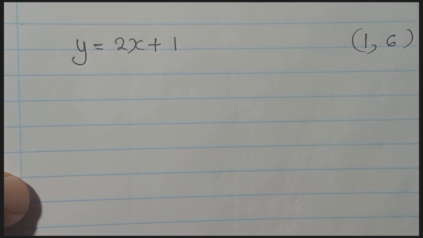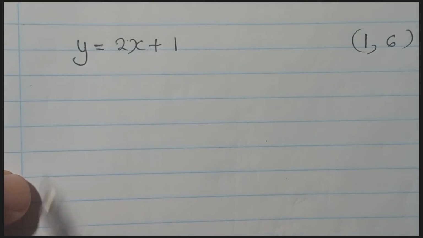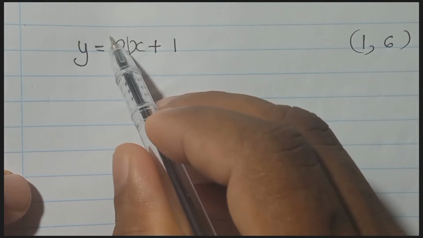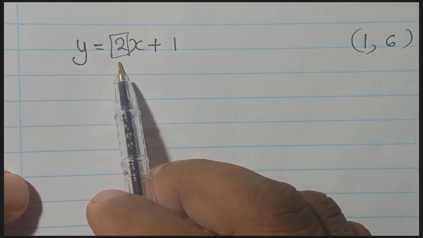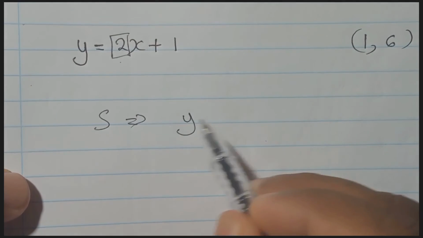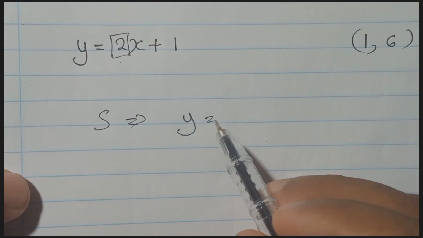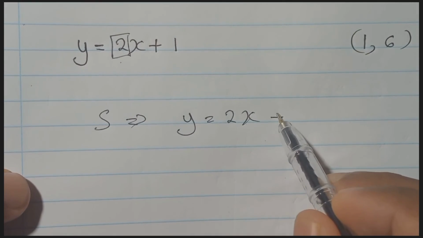Here also it is a very simple idea. Because this line and line S are parallel, that means the gradient is the same for both lines. That means line S also has gradient 2. So we can write line S like this: y equals gradient 2, so 2x plus c.